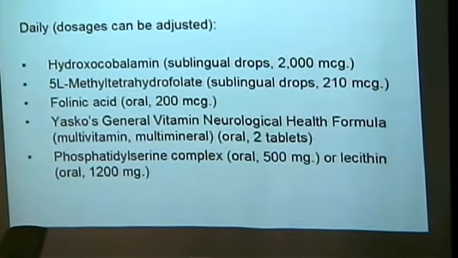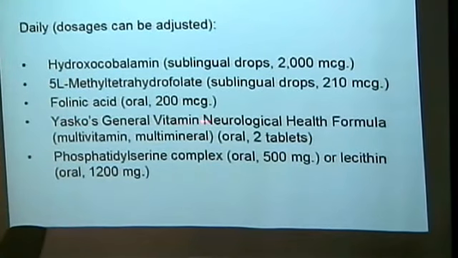Methylfolate and folinic acid, and the sum of those is a little over 400 micrograms, which is sort of comparable to the total RDA for folate. So I find you don't have to go that high in folate. I mean, that's a good number. You don't have to go way above the RDA. But you do have to go high for the B12.